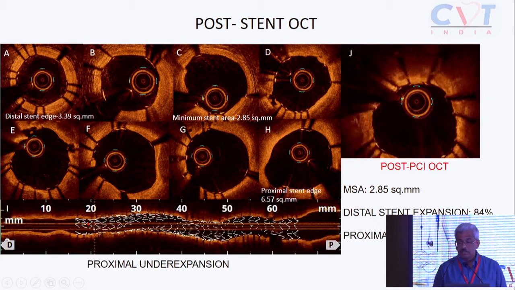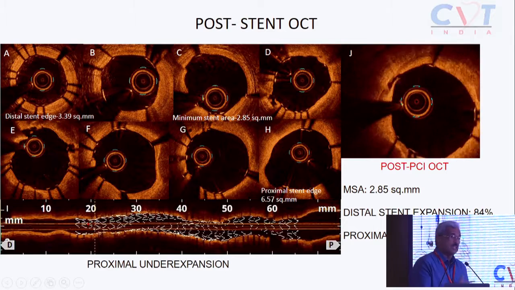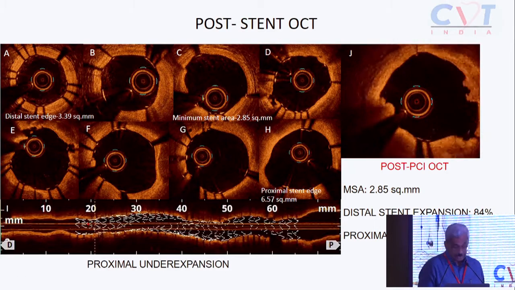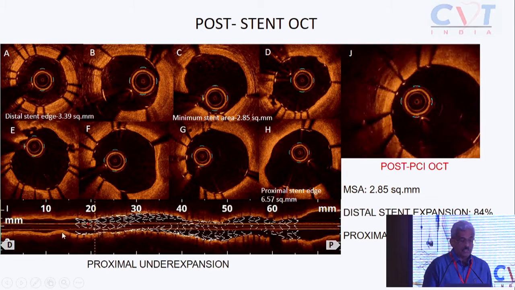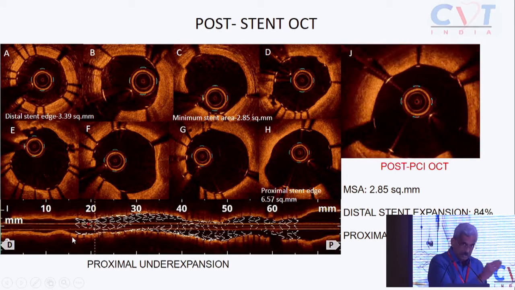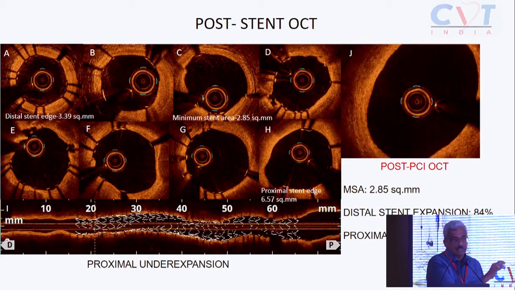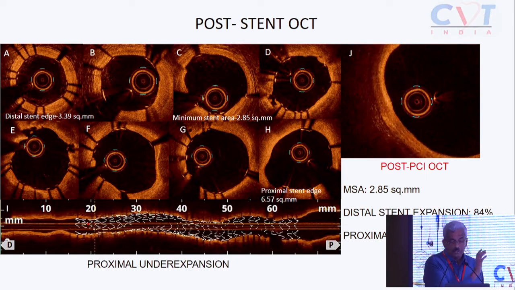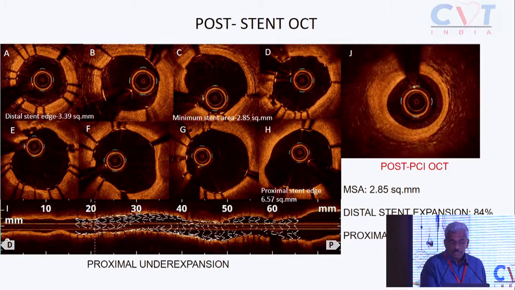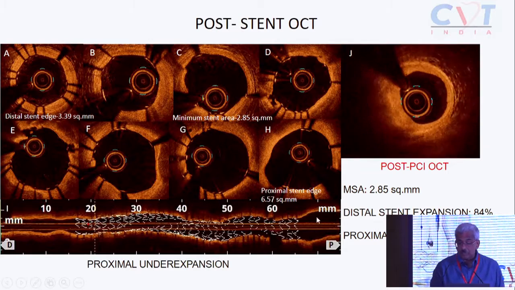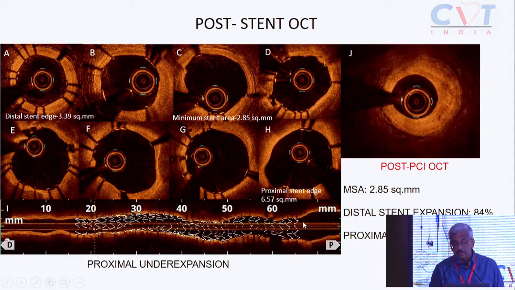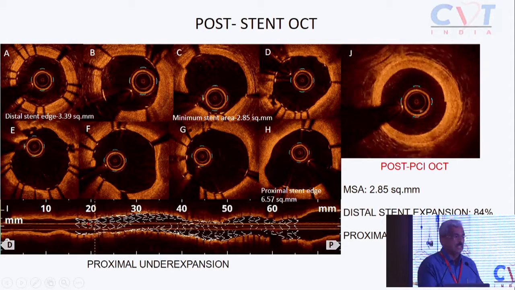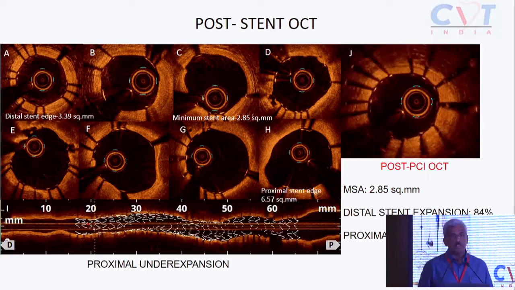So obviously, your distal expansion, this is what the ILUMIEN IV is going to tell us. That ILUMIEN III showed us that your distal stent expansion should be 90 to 95% of the distal area. We have got to 100%. Your distal stent, we've got up to 84%. And the proximal to the area here is 56%. So clearly you're underdone with this.